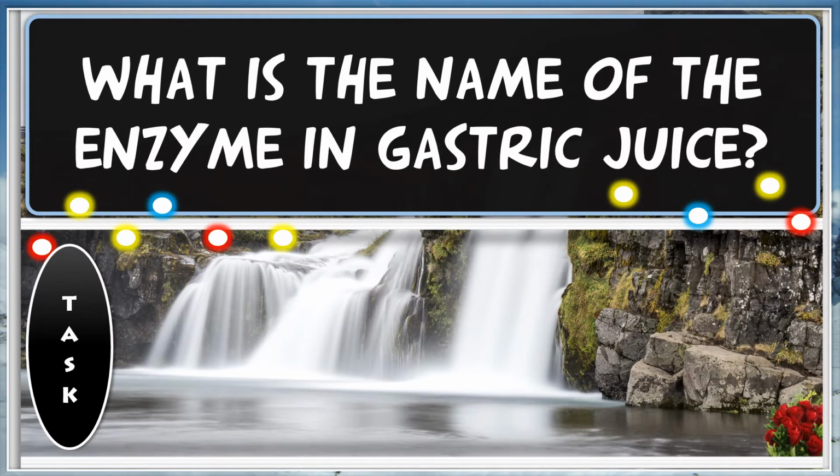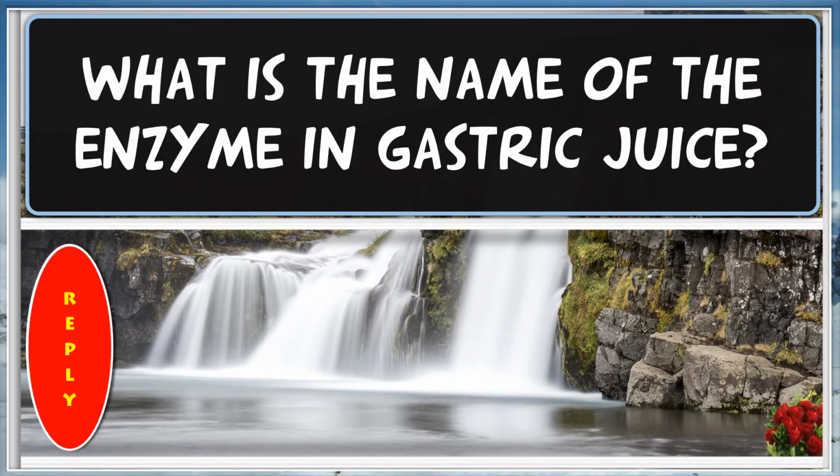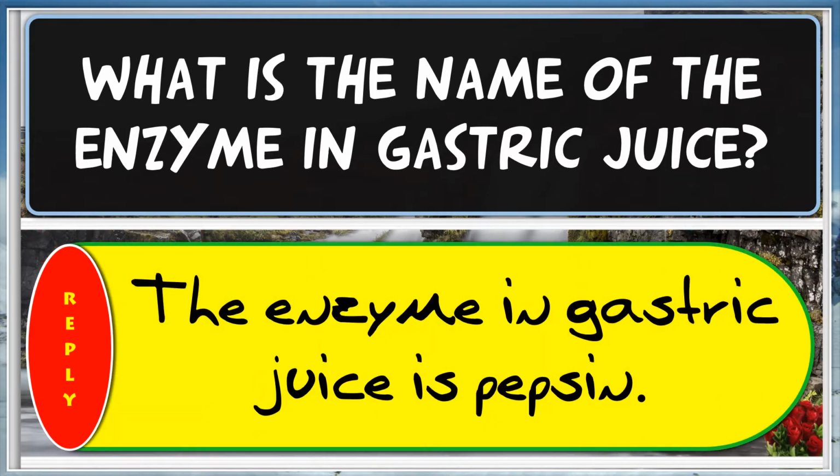What is the name of the enzyme in gastric juice? The enzyme in gastric juice is pepsin.